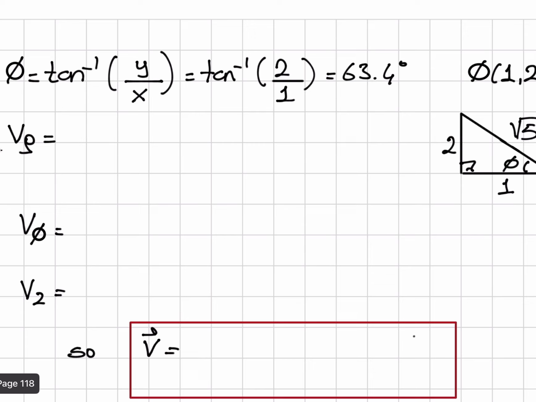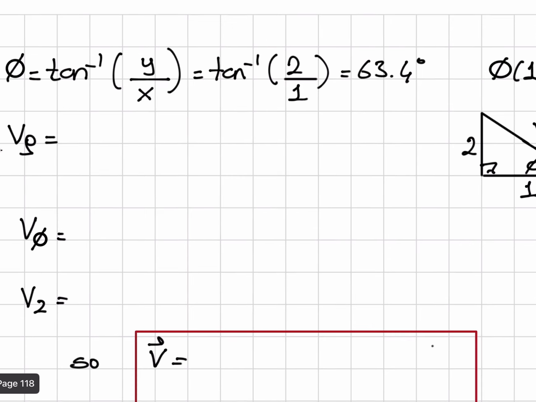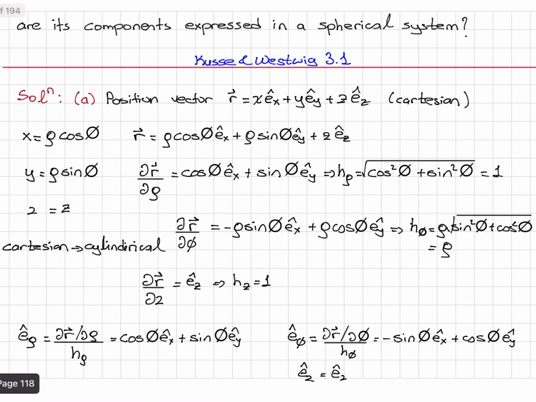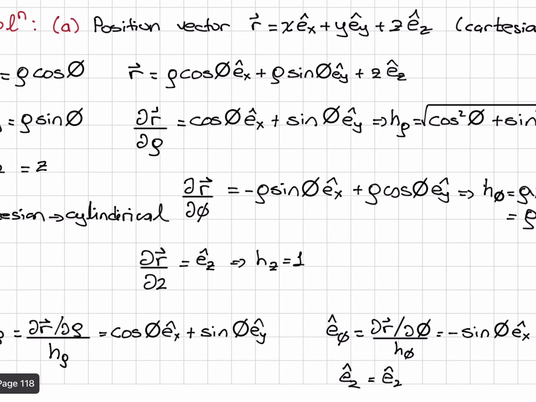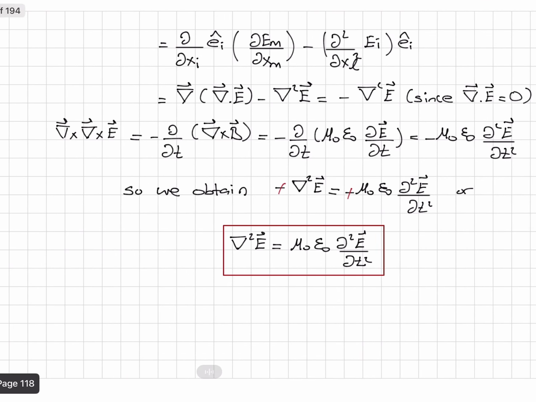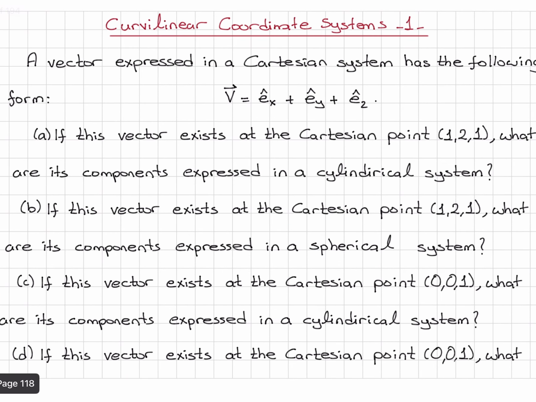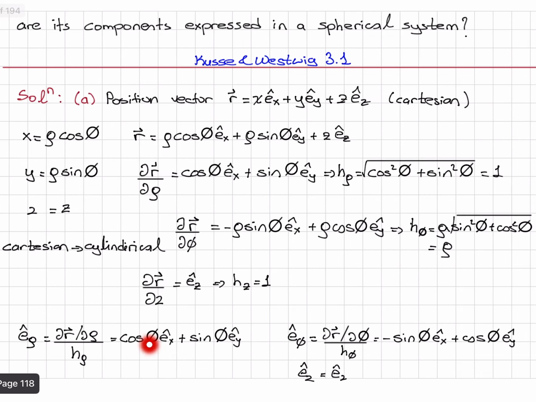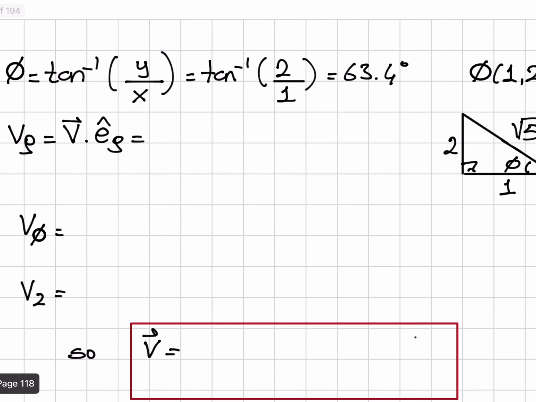Now, the vector v has a component on the rho axis, which can be calculated by taking the dot product of the vector v with e rho hat direction. Let's take a look at our e rho hat direction: cosine phi ex hat plus sine phi ey hat. Our vector v is ex hat plus ey hat plus ez hat, so the dot product will give us cosine phi plus sine phi.